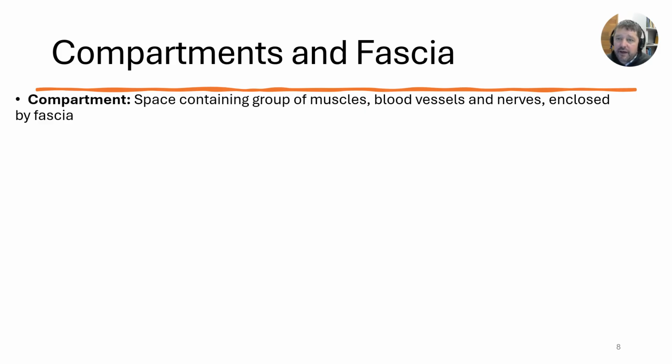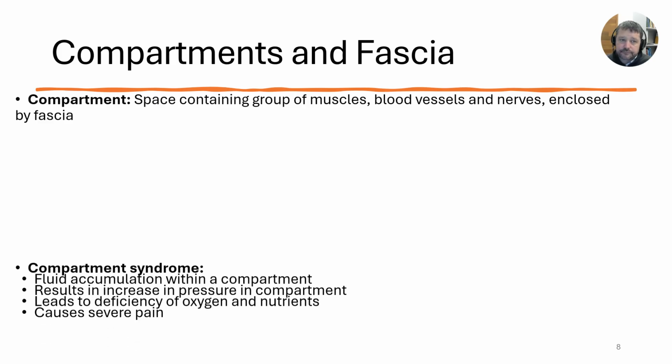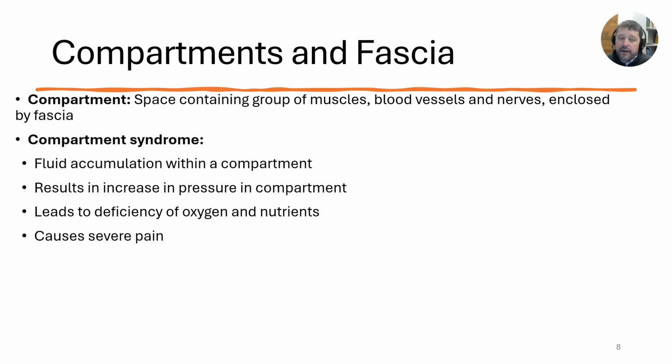That fascia will start to build fluid up underneath it, because the compartment is really just the group of muscles, the blood vessels, the nerves, and it's all enclosed by a fascia. And you can get compartment syndrome, where you have fluid that accumulates within that fascia, within that compartment.